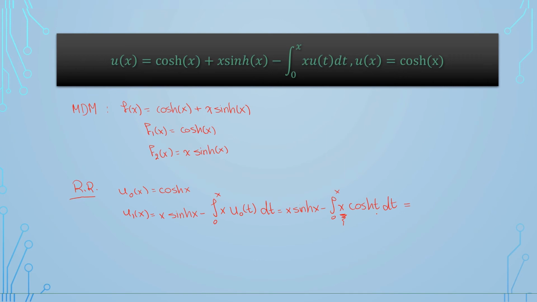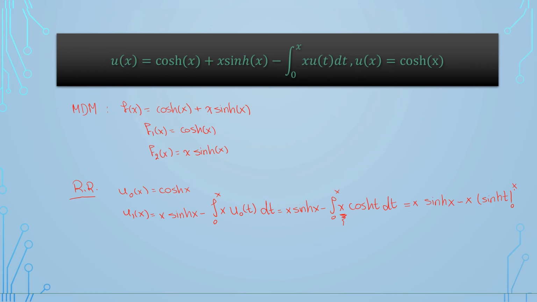Cosine t will be integrated as sine t. So we'll have x sine x minus x sine t from 0 to x.